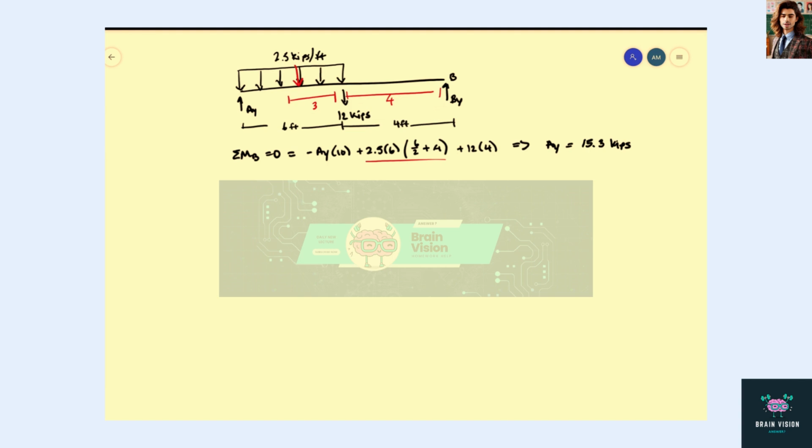So now we can look at the shear forces on the beam, and our shear force at A is going to be the same as the value that we just calculated, A in the y direction. So VA is equal to 15.3. And then our shear force is going to be linear from point A to point C. And at point C, we have 15.3 minus 2.5 times 6, which we get 0.3.